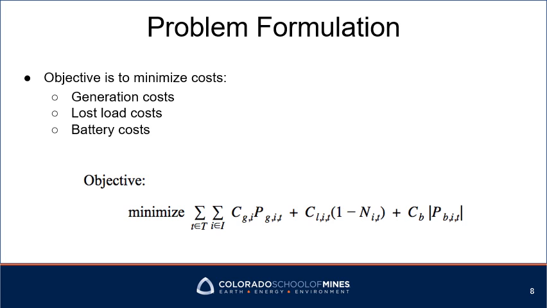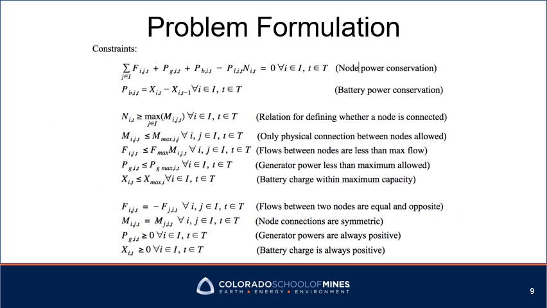The first two terms are linear, and the last term is nonlinear, but could easily become linear by adding a few extra variables. So that is something that the optimization program did on the back end. But this did end up being a mixed integer linear program.